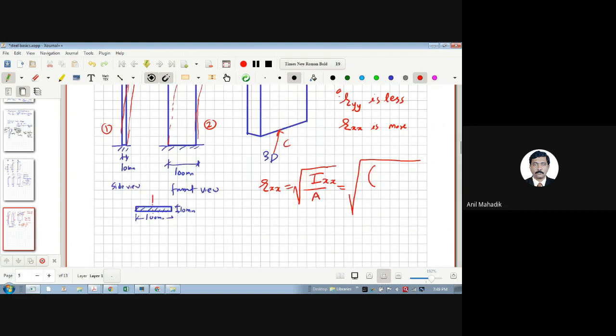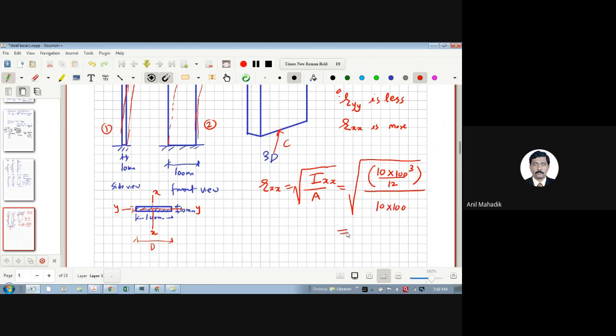Let's say this is your X and this is your Y. Whenever I calculate IXX, this will be my D and this will be my B. So BD cube: B is 10 and D is 100, cube, divided by 12. This is your I, and area is simple, 10 into 100.